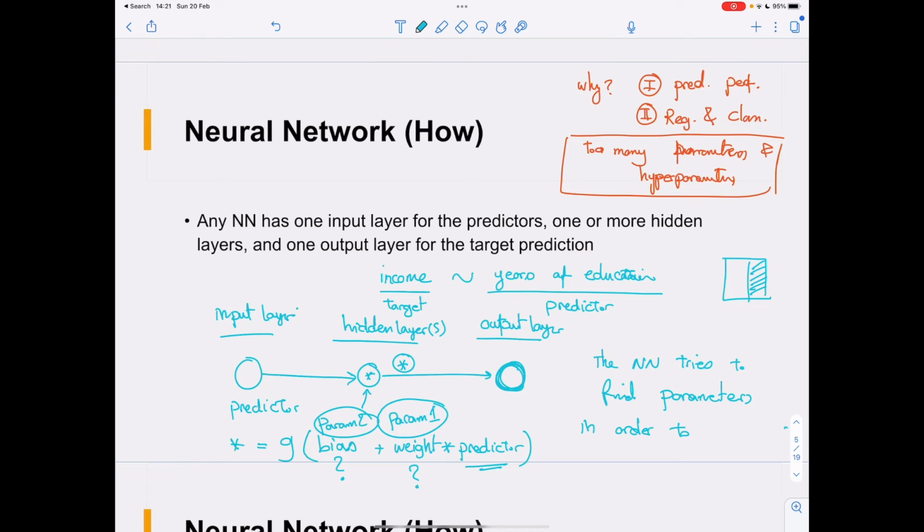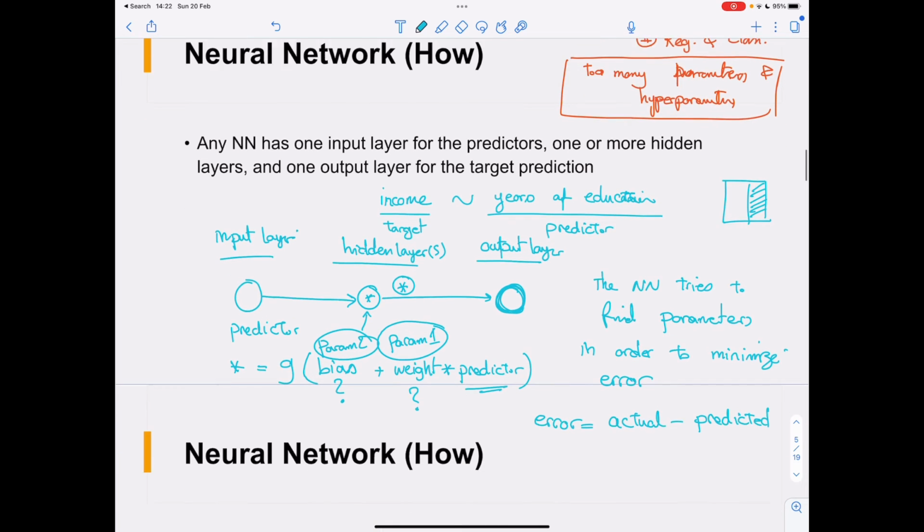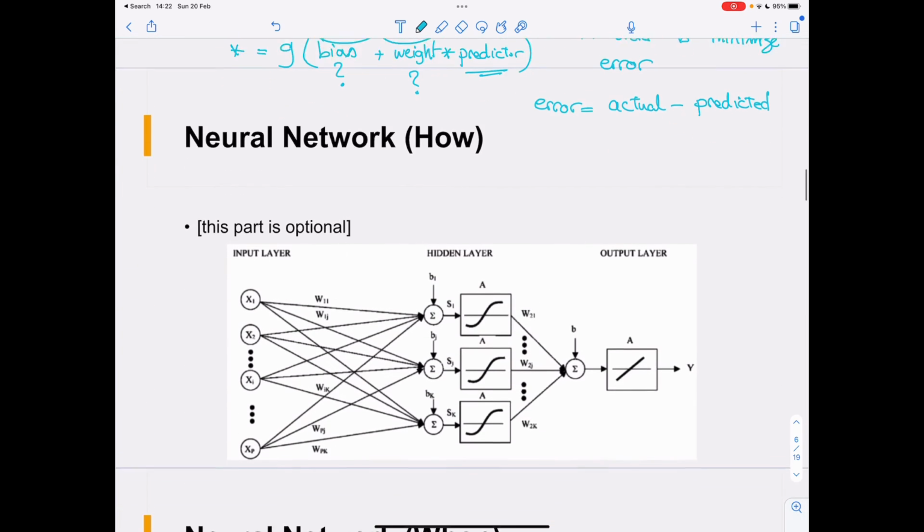In order to minimize error. And you know the definition of error. Error is the difference between the actual minus predicted. So how does it do so? I'm not going to explain it. It's beyond the scope of our module. It's enough to know the level that you know now.